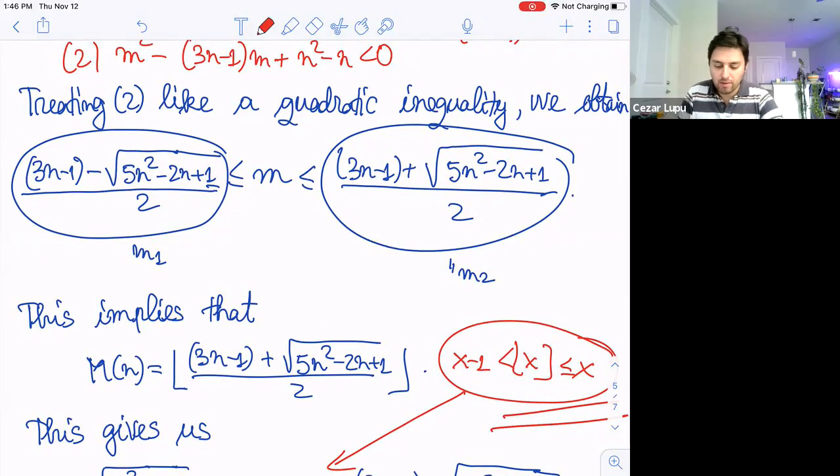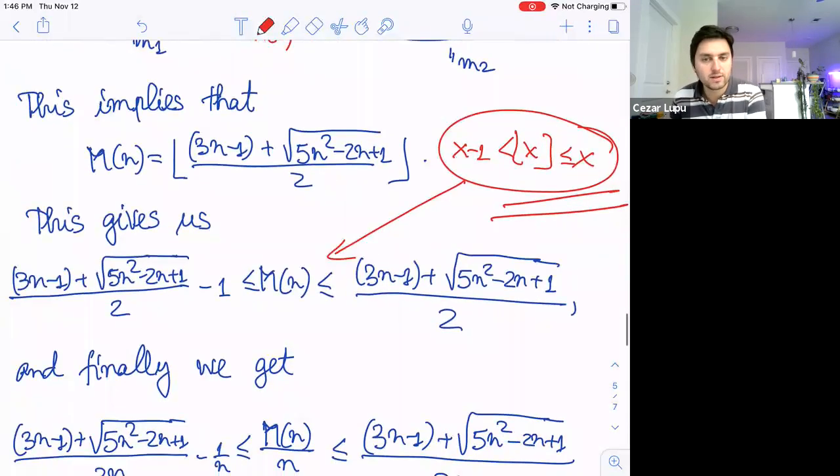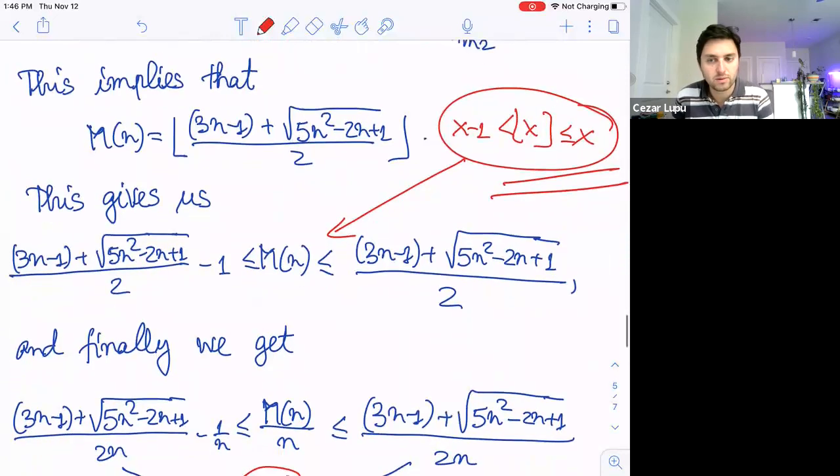So this m here is m of n, which is between these two integers, m1 and m2, which are in terms of n. So you can derive, since they're consecutive, that this is the floor function, right? And by using this inequality, then it's quite clear what to do.